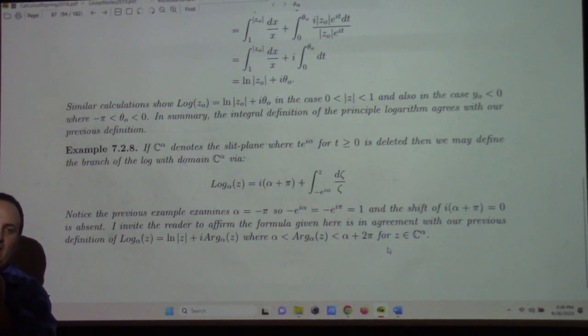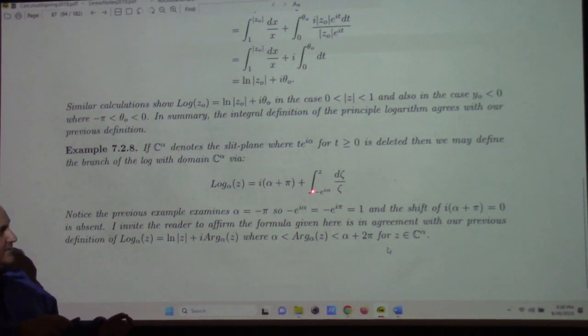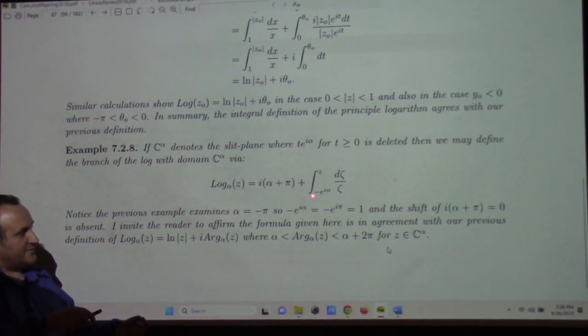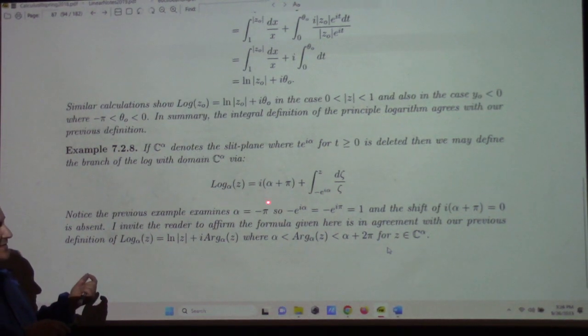So this minus e to the minus i alpha is the analog of 1 in my previous example. It's on the opposite side of the origin, in the place where the C alpha slit plane is. This is a star center for C upper alpha, is what I'm trying to say. And I'm pretty sure that this is how to do it.